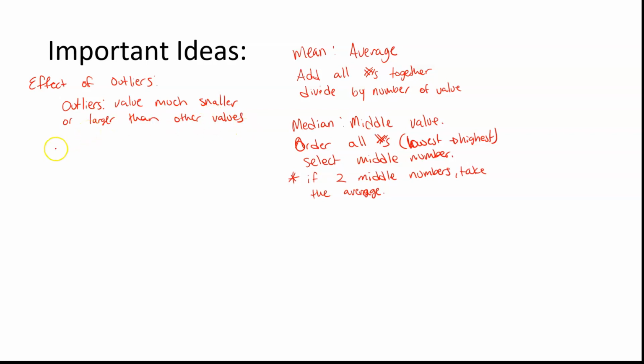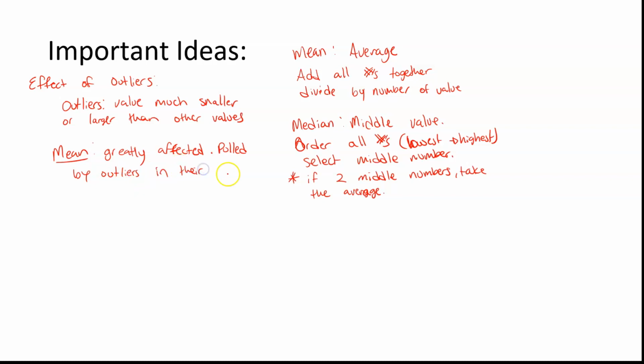So our mean, in regards to our outliers, is really greatly affected by our outliers. If we add one really high or really low number, our mean is going to move in their direction. It is going to be pulled by the outliers in their direction.